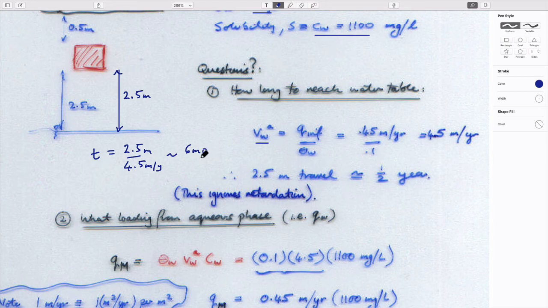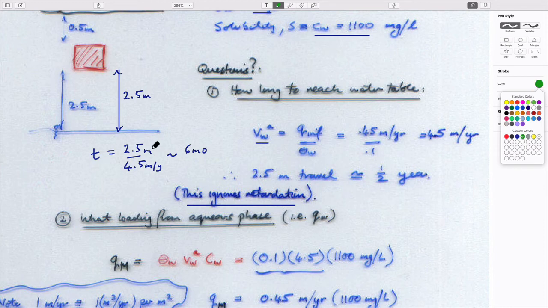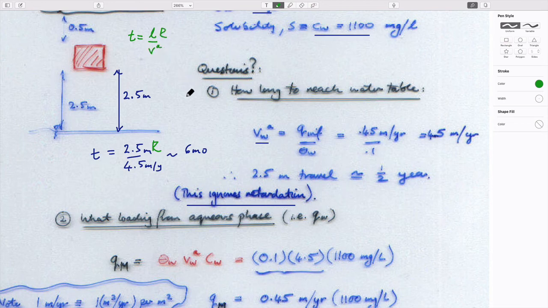If it was retarded and we had a retardation coefficient added to it, then I suppose the time taken would be equal to this multiplied by the retardation. So if it's equal to 1, it's just this. If it's equal to 2, it'll take twice as long to get there, etc. And so T is just equal to length times retardation divided by advective velocity. That's the only expression we've used.